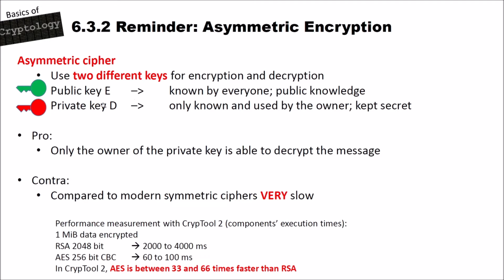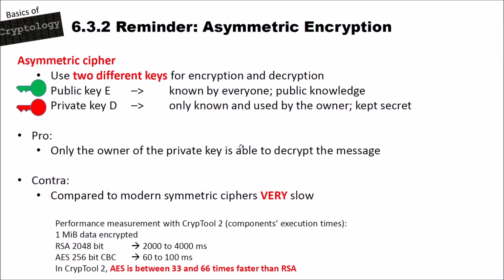We have also some advantages and disadvantages. The advantage at first is that only the owner of the private key is able to decrypt the message. So even the one who encrypted the message can't decrypt it anymore.